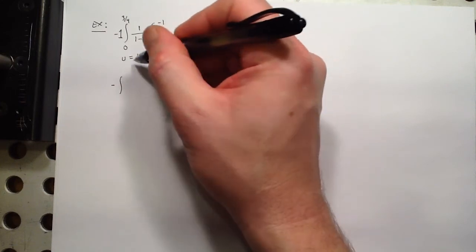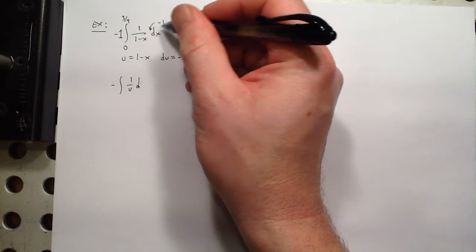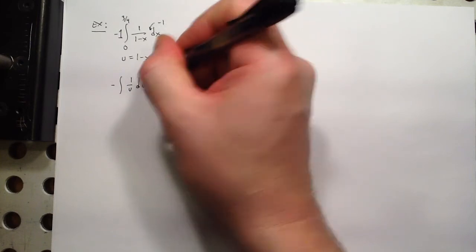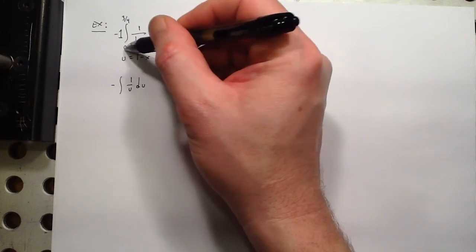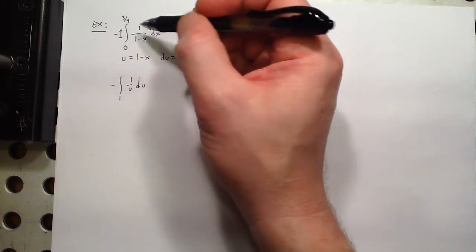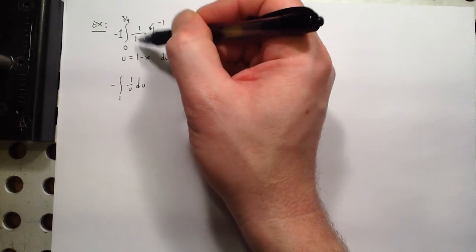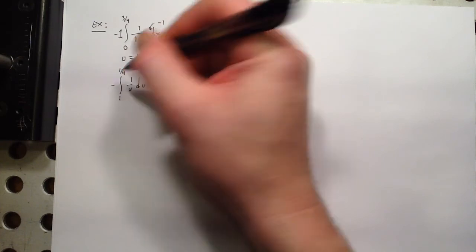And it's 1 over u, -1 dx, that's what I needed there, du. And my new u numbers, 1 minus 0 is 1, and 3/4, let's see, 1 minus 3/4 would be 1/4.